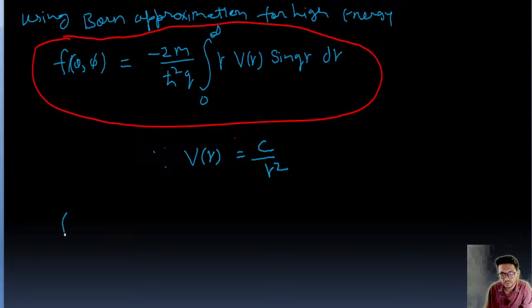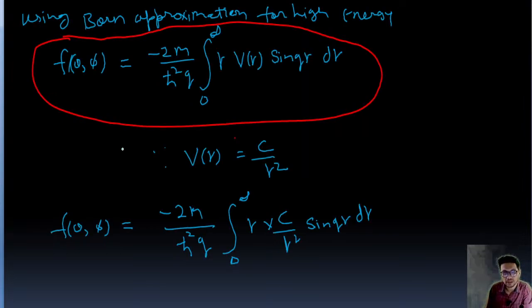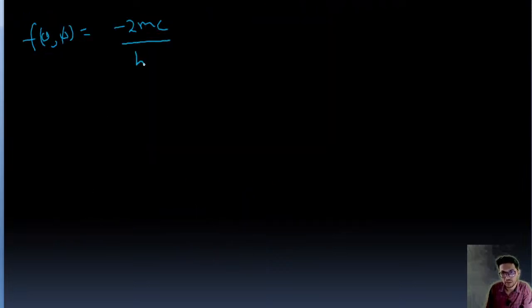Right? So this f theta phi is going to be 2m upon h cut square q, integration 0 to infinity, sine qr dr. r will get cancelled, and this scattering amplitude is going to be minus 2mC. C we will take outside, okay, minus 2mC upon h cut square q, into integration 0 to infinity, my apology, it's 0 to infinity.